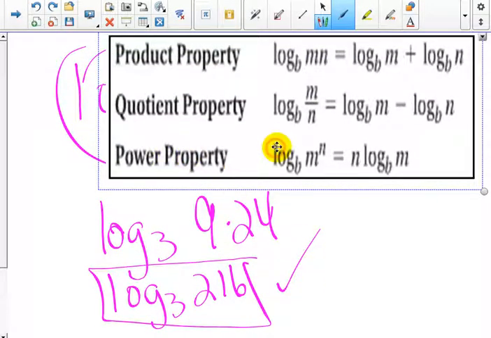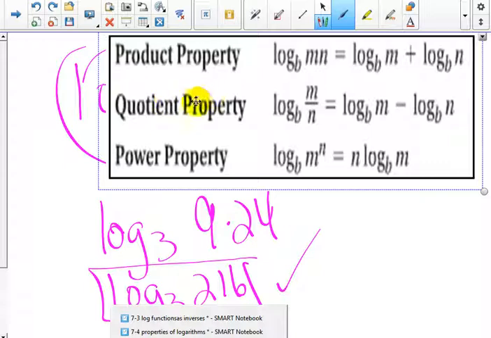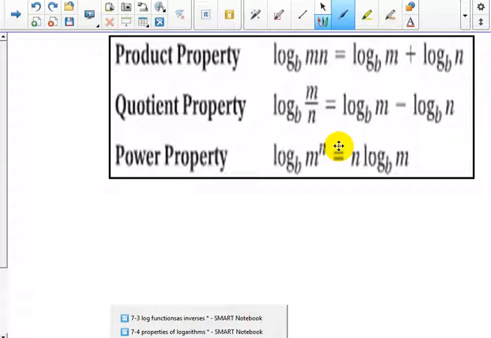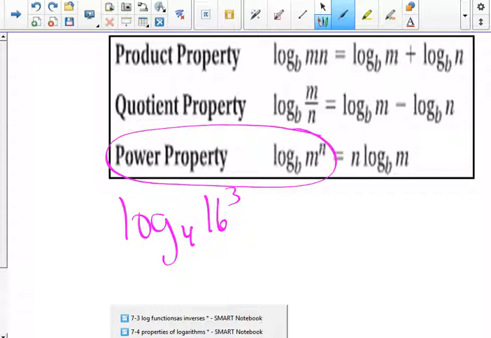All right, next, let's look at number 2. So on number 2, you've got log 4 of 16 to the 3rd power. So we've got the power property going on. So here we've got this. So how are we going to rewrite it? This n is going to shift in front.